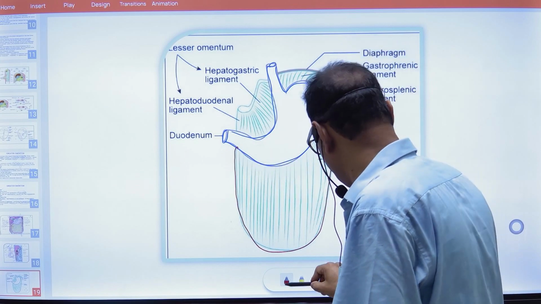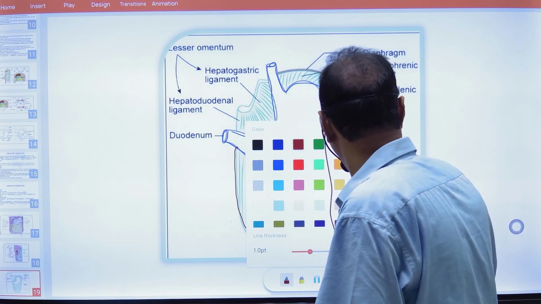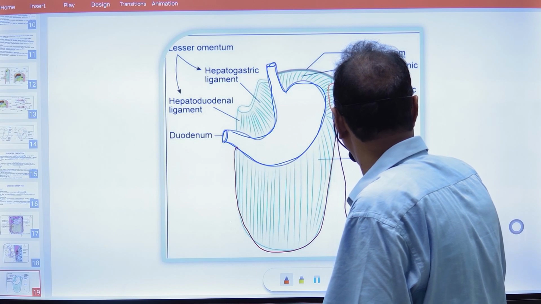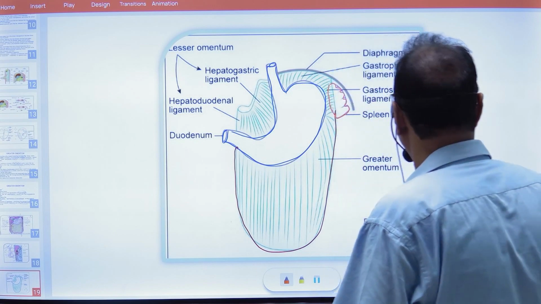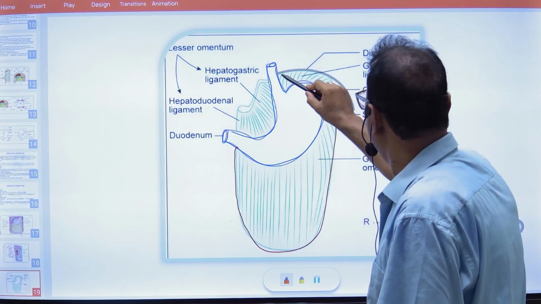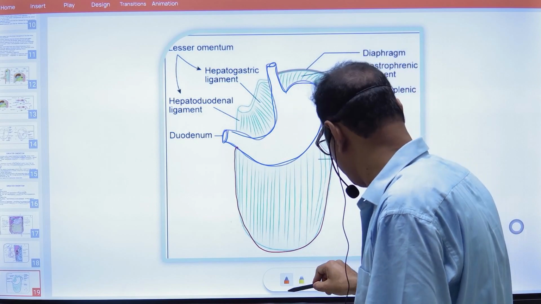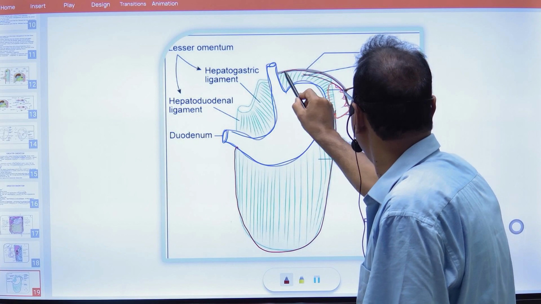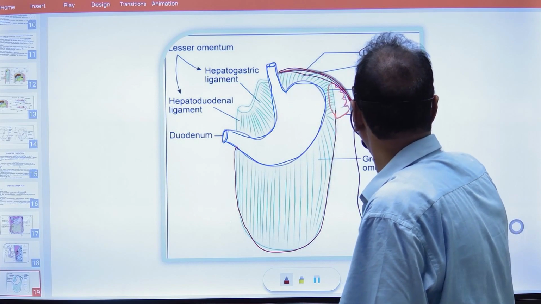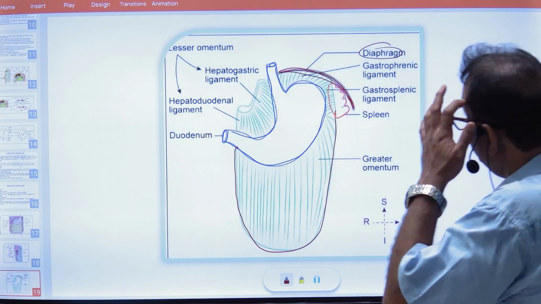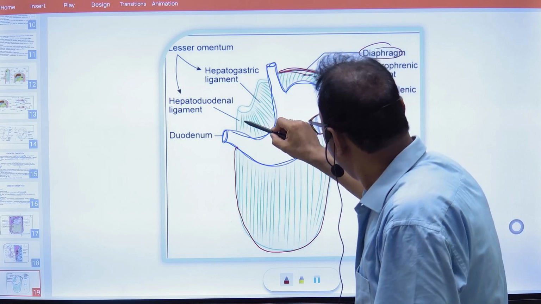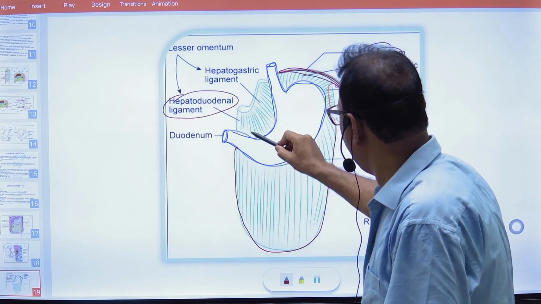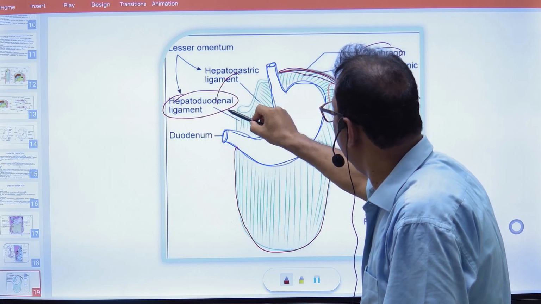Here we have the spleen. One is our diaphragm, and we have the diaphragm over here. In the diagram you could see that this is the hepatoduodenal ligament. We have the duodenum over here, and the liver over here.